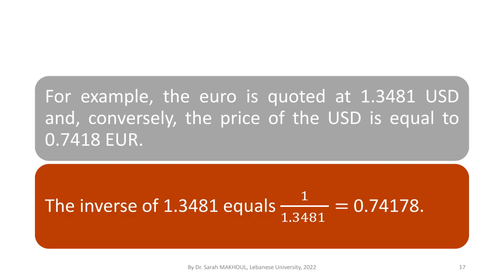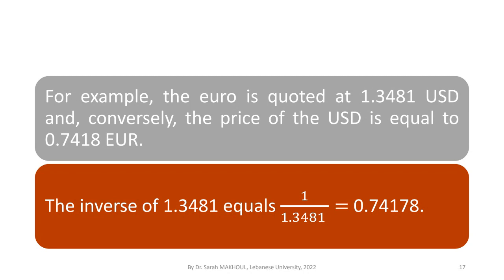Another example, I like to give lots of examples. If the euro is quoted at 1.3481 for USD, and conversely the price of USD is equal to 0.7418 per euro, how do we get the inverse, the 0.74 euro?